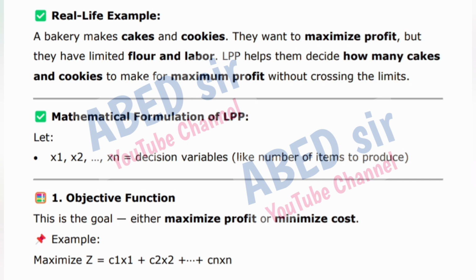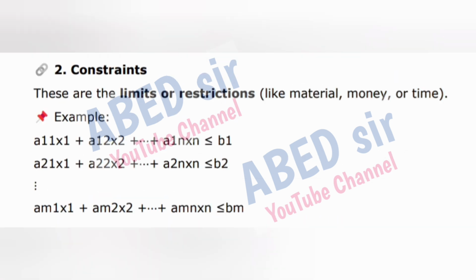1. Objective function. This is the goal, either maximize profit or minimize cost. Example. Maximize z = c1x1 + c2x2 + ... + cnxn. 2. Constraints. These are the limits or restrictions, like material, money, or time.